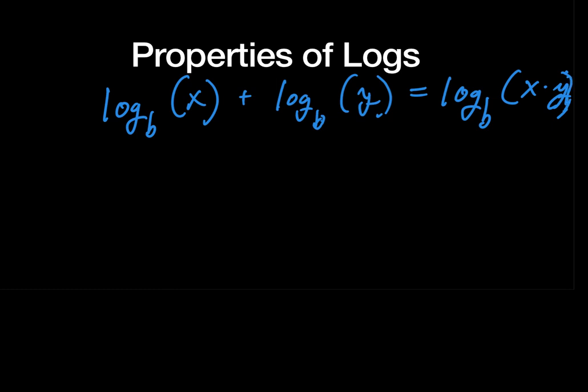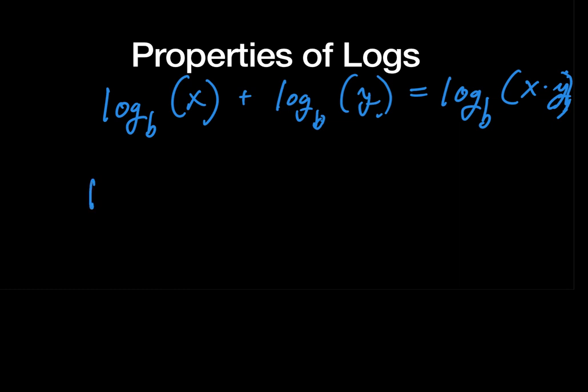More times than not, we're actually going to use that property in the other direction. We're going to be given the thing on the right. We're going to have a couple things multiplied, and maybe one of them is a variable. I can then split them up, trying to get my variables by themselves and then solve for variables. That'll be some of the process that we're going to go through.